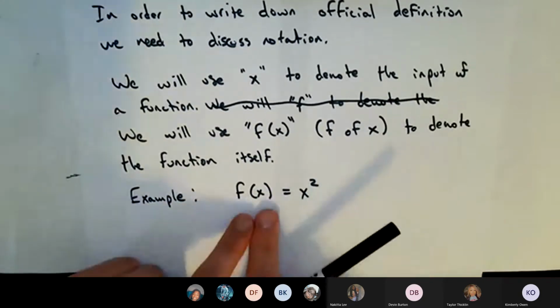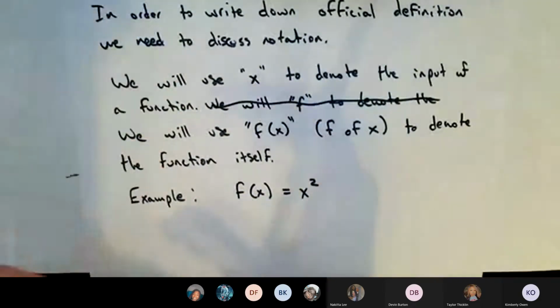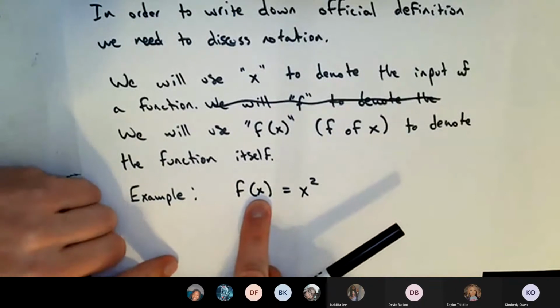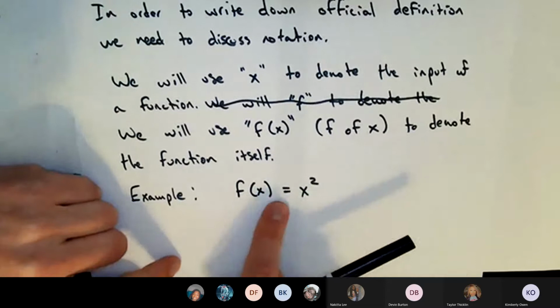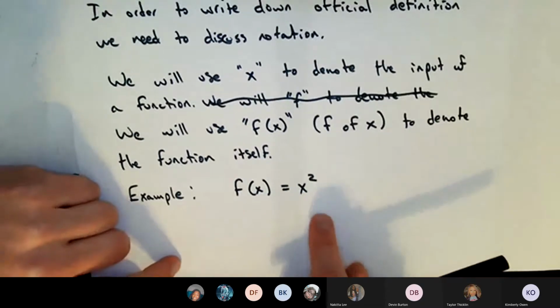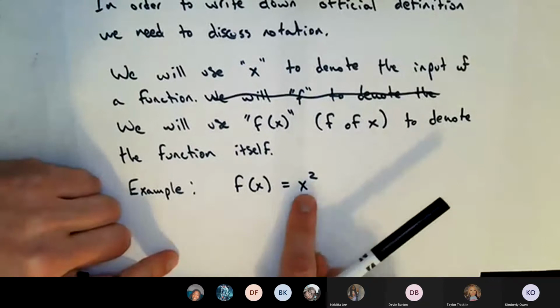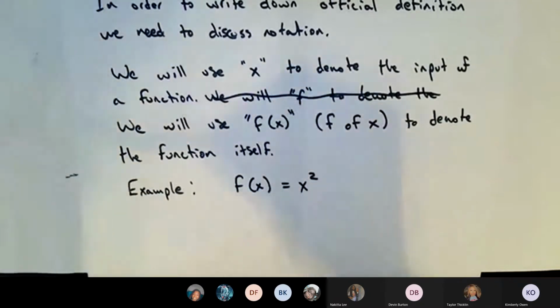So this little parentheses x thing is like a little window into the function that says this is what's getting plugged into the function. This is the input of the function. And then what does the function do? When the equal sign comes, that's saying now here comes the rule for the function. And they can be very complicated, right? But here, what happens to this input? It gets squared.